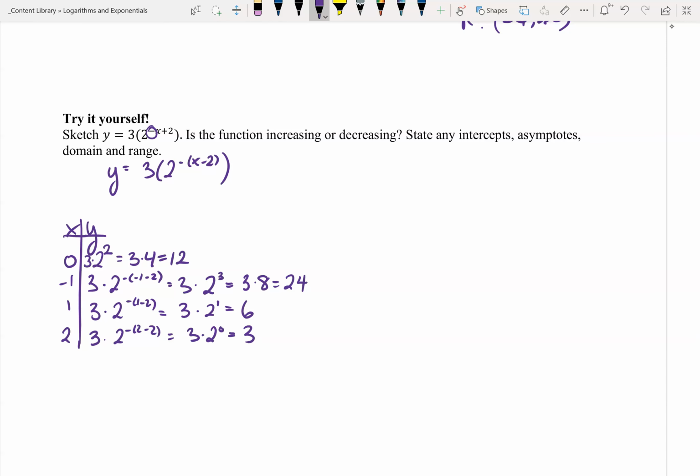So I'm going to go ahead and now draw in my x and y axis, and I'll label them. Then I'll draw in my corresponding points.